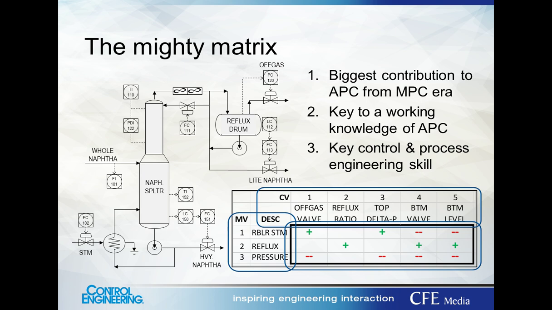In fact, I believe the matrix concept should be migrated beyond the APC space into operator training, DCS graphics, and other areas to help develop a wider shared understanding of the multivariable nature of most process operations and of the role of APC.